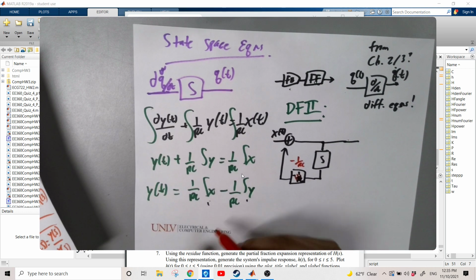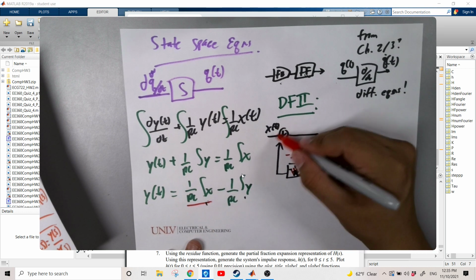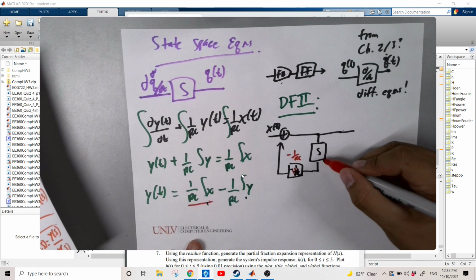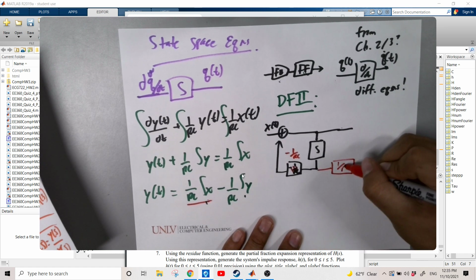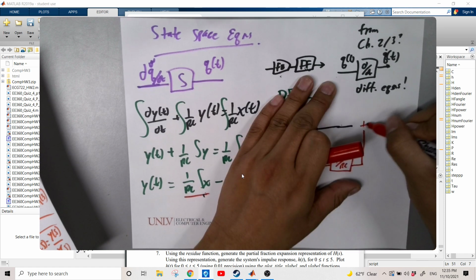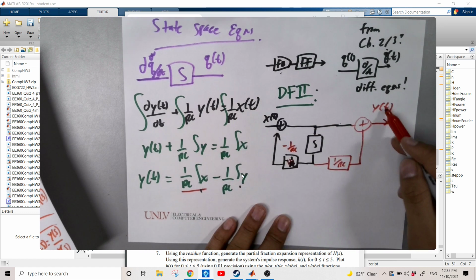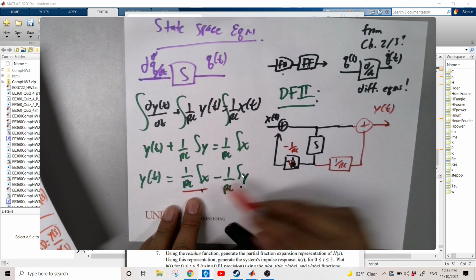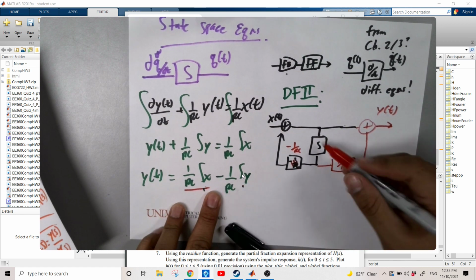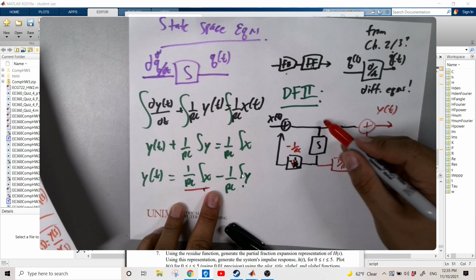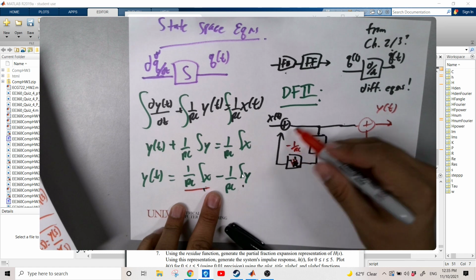So the reason why I paused here: you see this input, our input here is x of t. It goes in here, gets integrated, and then we add it right here with 1 over RC, and then we come right here. What does the output see? The output sees a positive input, so here's our input, and then it sees a negative output, so here's our output. Y of t is kind of right here. Actually, no, if you see it from here, it makes sense like that.